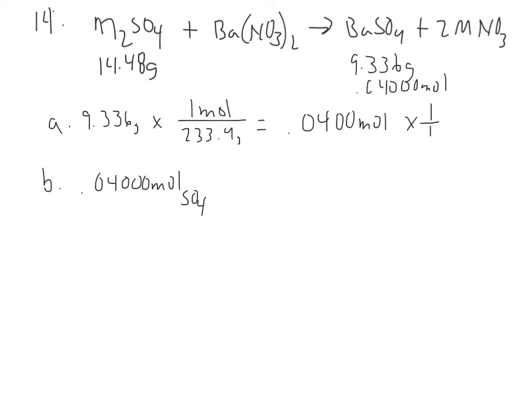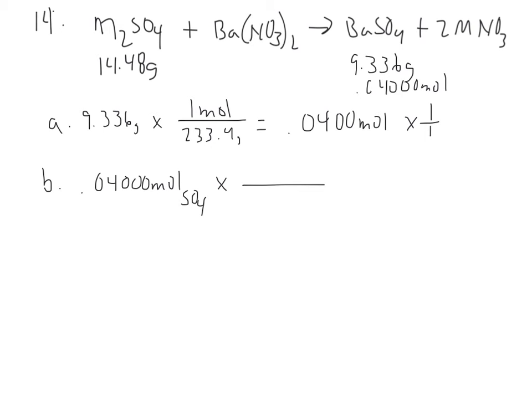And they don't expressly tell you that you need to do this, but it means that I could come up with the relative molar mass of M2SO4. If this is how many moles of SO4 I had, then I also know I had 0.08 moles of the metal, but I also could figure out how many grams this is and find out how many grams of the metal I had as well. So I have all the information I need here.